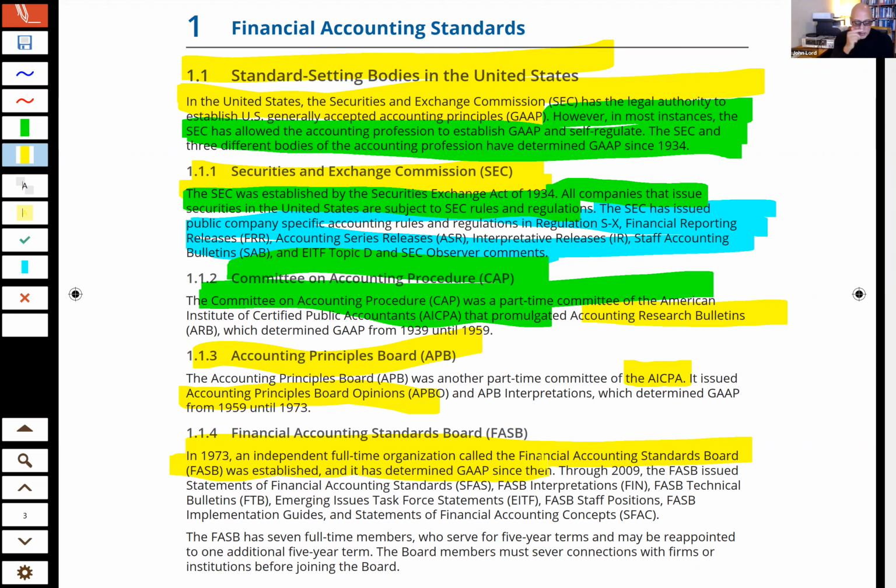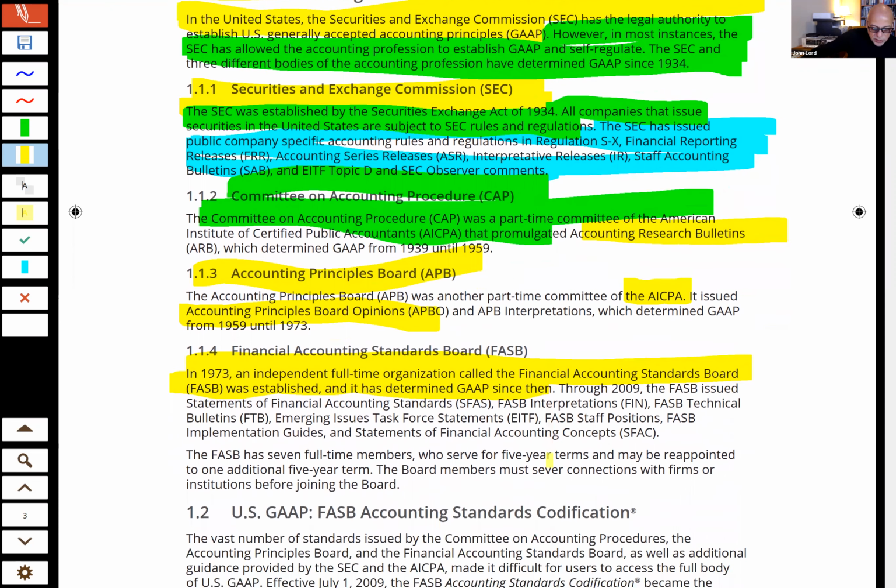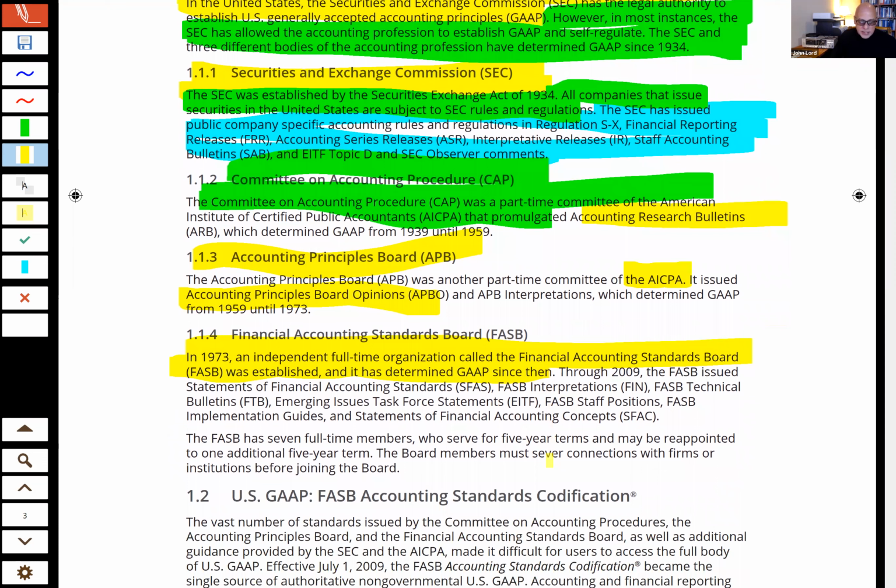The Financial Accounting Standards Board is the current standard setter, and it has issued standards from 1973 until the current time, including statements of financial accounting standards, interpretations, and so on.